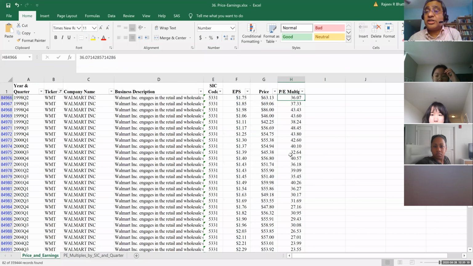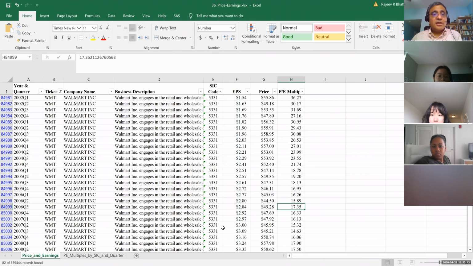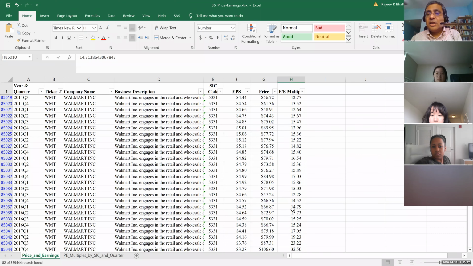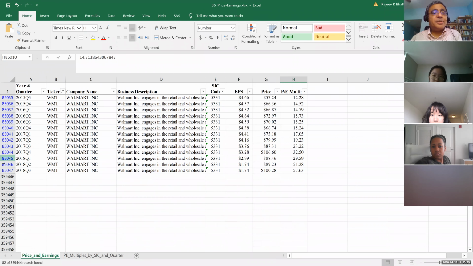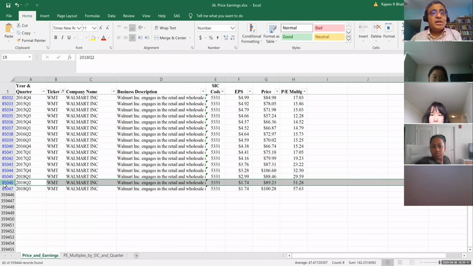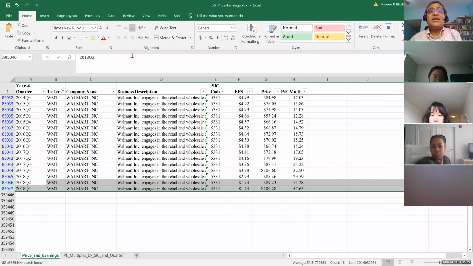PE ratio of 36, 21, 17, and so on, all the way here. Now look what happens in late 2018. The PE multiple jumps into the 50s. What happened? What's the difference?